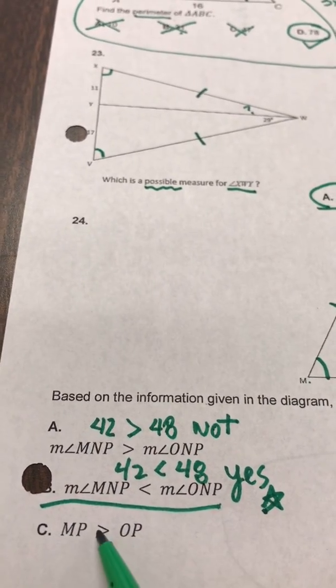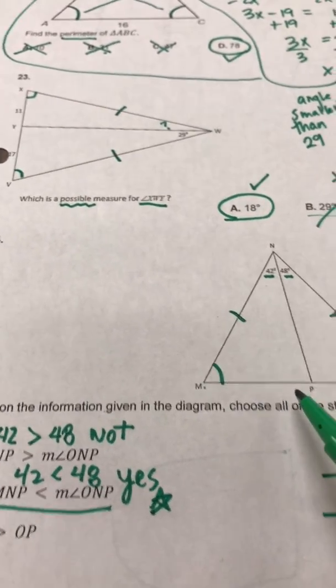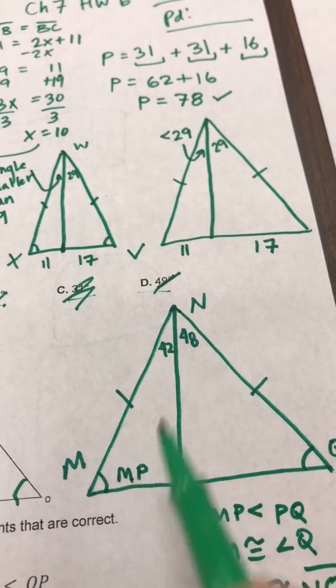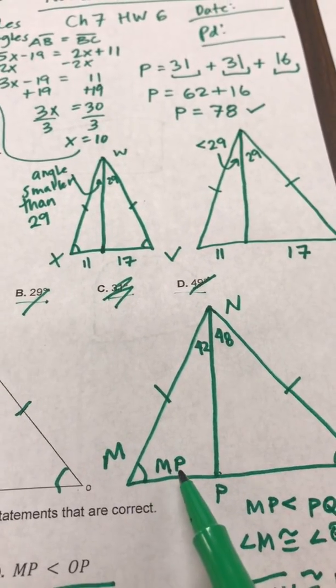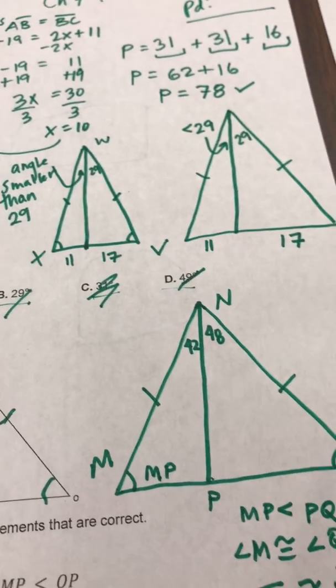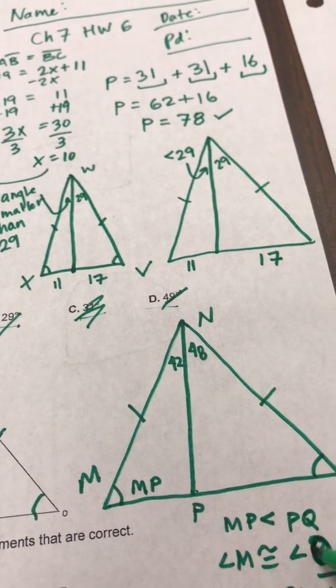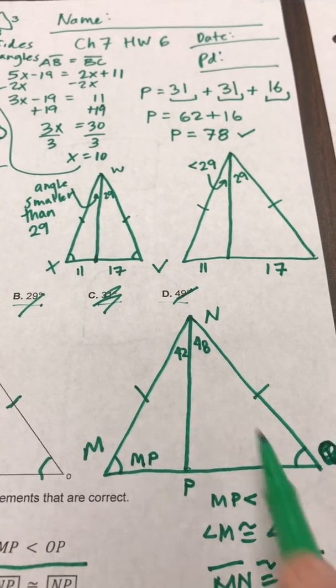And then MN is greater than OP. So MN, no, we redrew the picture. We know MN is actually less than, I thought that was a Q. I guess it's an O. OP. We know MP has to be less than OP because 42 is less than 48.